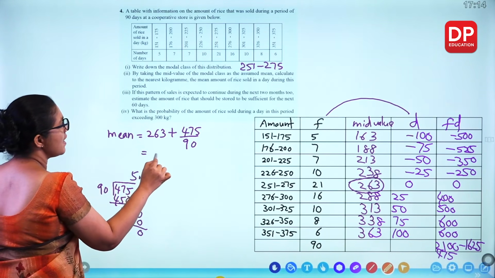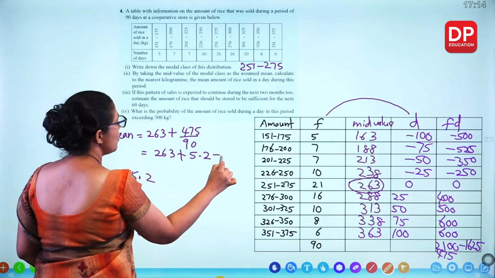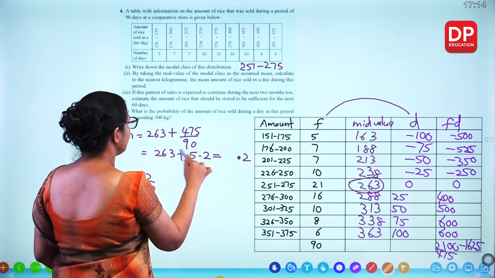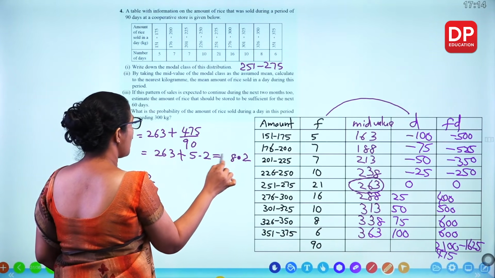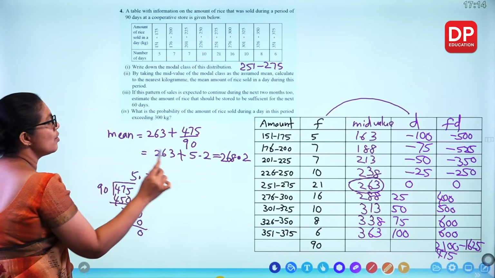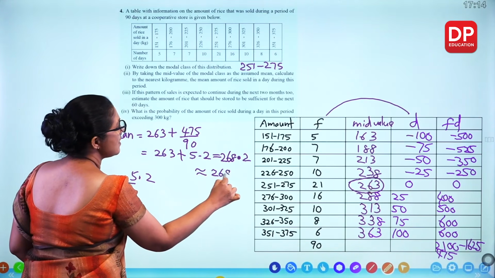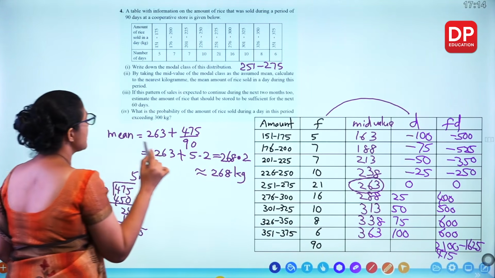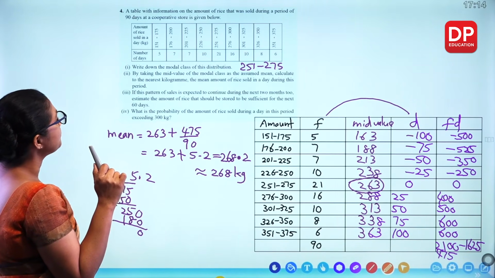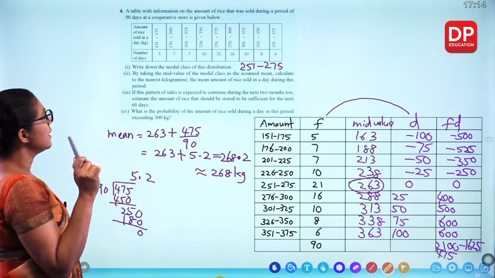So 263 plus 5.2, when you add it together, you get 268.2 to the nearest kilo, 268 kilograms. That's the mean amount of rice sold in a day.